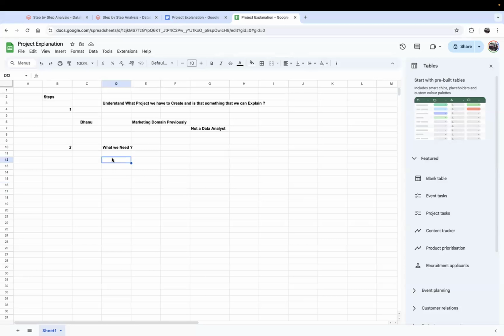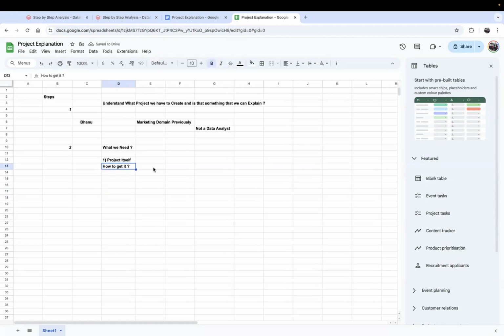The first thing is we need a project itself. We want a project, but how do we get that project? The question is how to get it.